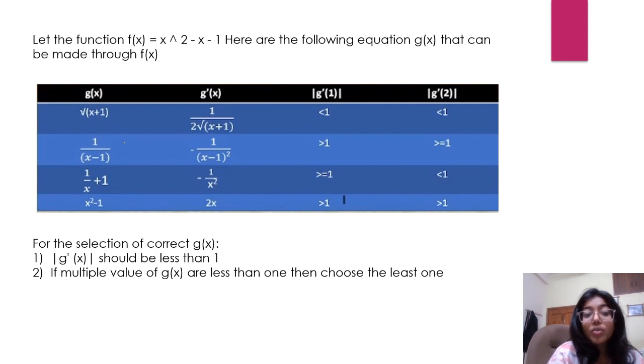For the selection of correct g of x, g dash x should be less than 1. So here this condition is true. And if multiple values of g dash of x are less than 1, then choose the least one. Here only this value is less than 1, so this is the correct g of x.